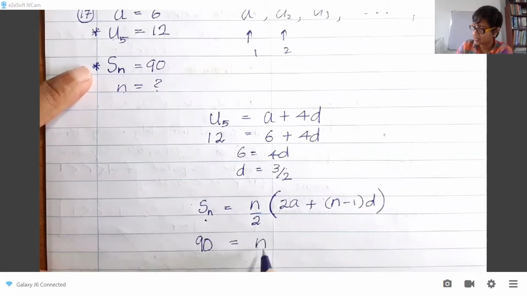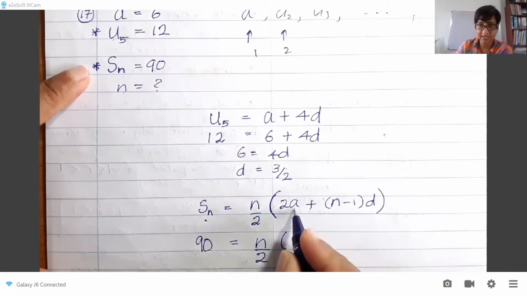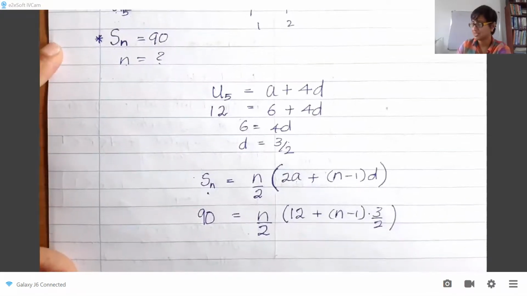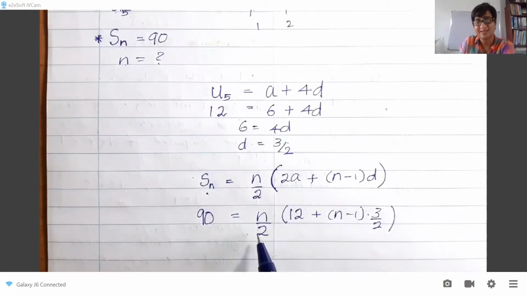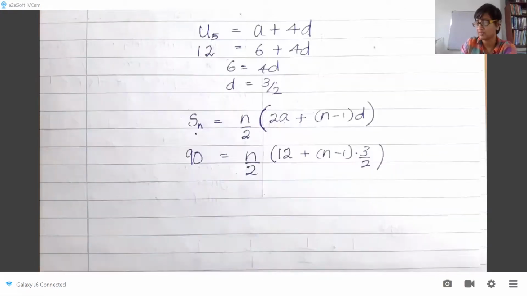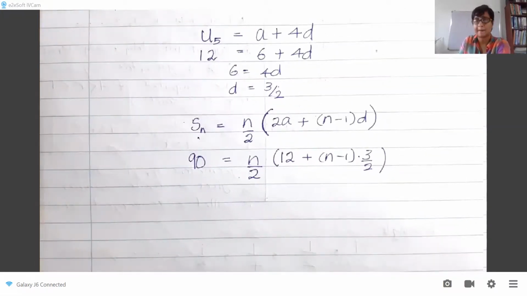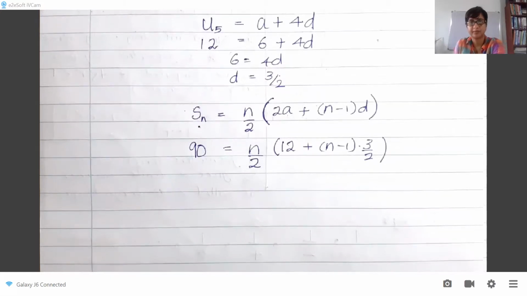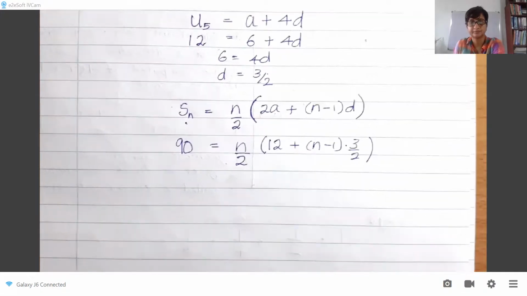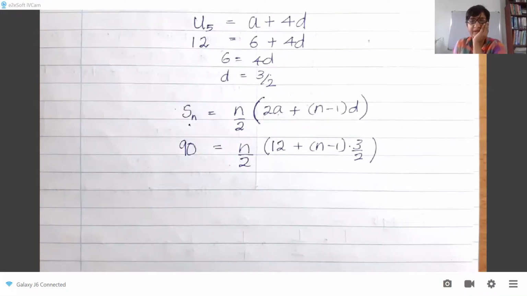I don't know n yet. I know what A is: 2 times 6, 12, plus (n minus 1) times 3 halves. Now this equation only has the unknown n. That means I can solve this to find n. Can you solve it? I will give you time. Is my D right? Did I do the D correctly? I think so.